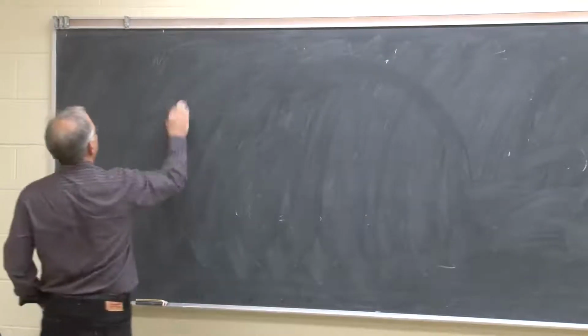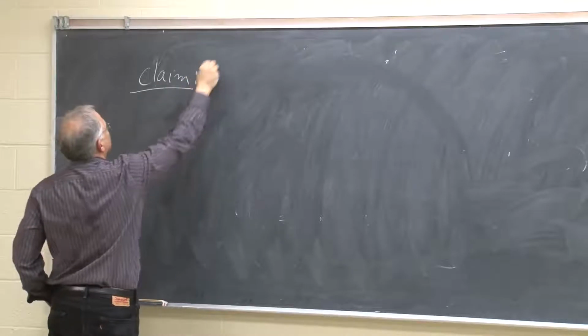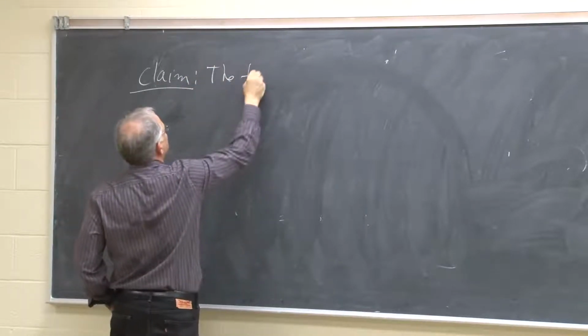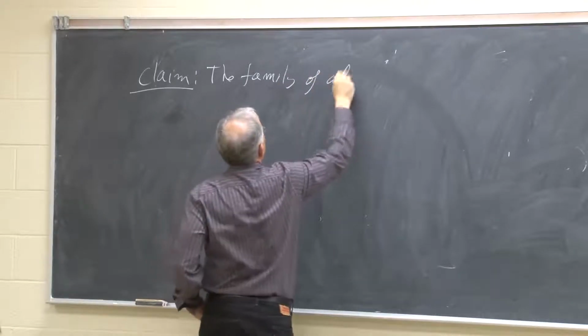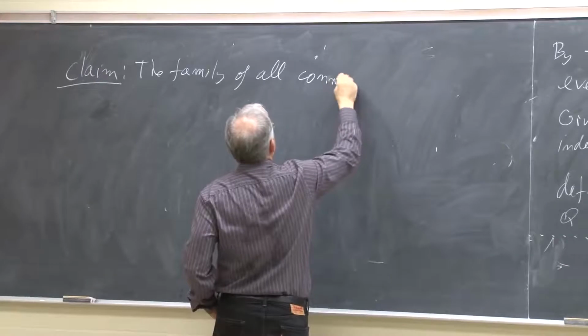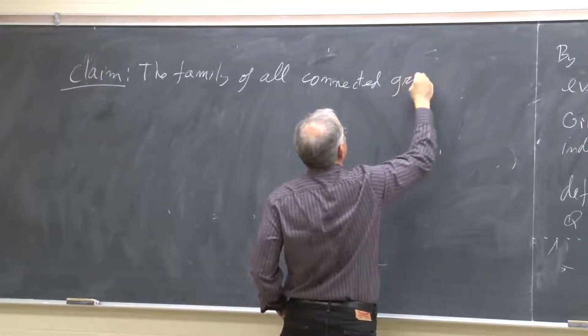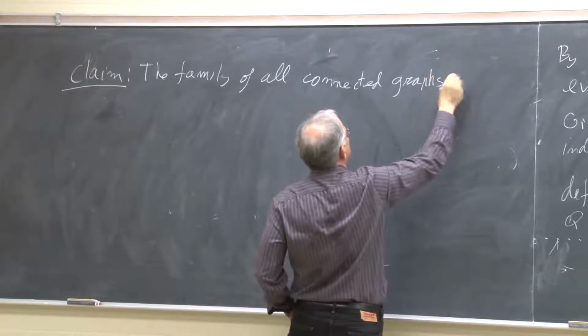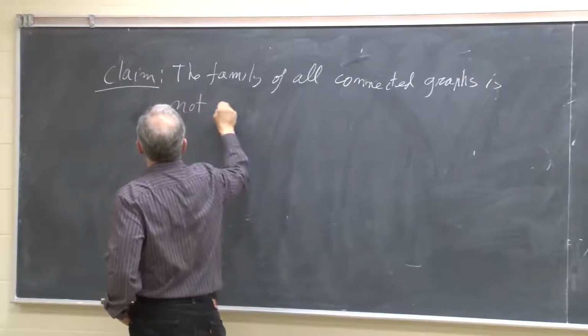The claim is that the family of all connected graphs is not definable.